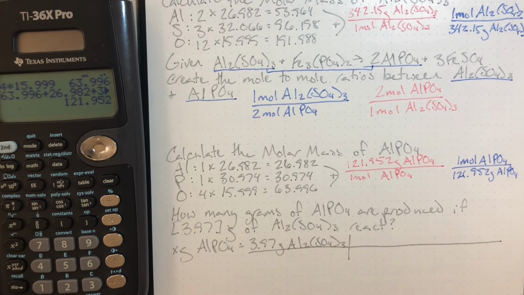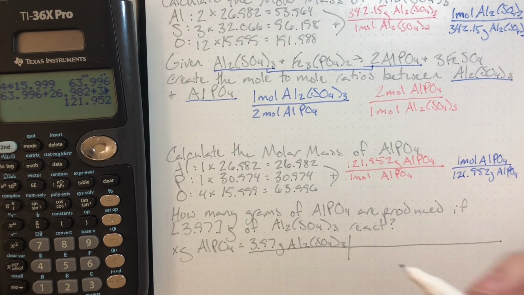Once I have everything plugged in, I will go ahead and create my dimensional analysis train track. From here, I can solve the problem utilizing the conversion factors that I have already discovered in previous problems. Currently, I am in grams of aluminum sulfate. I need to remove grams of aluminum sulfate from my problem, so I need to use the molar mass of aluminum sulfate. I currently have it in the numerator, so I need to choose the version of the molar mass of aluminum sulfate that has grams of aluminum sulfate in the denominator.